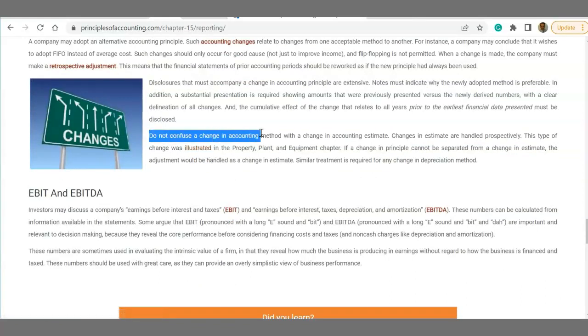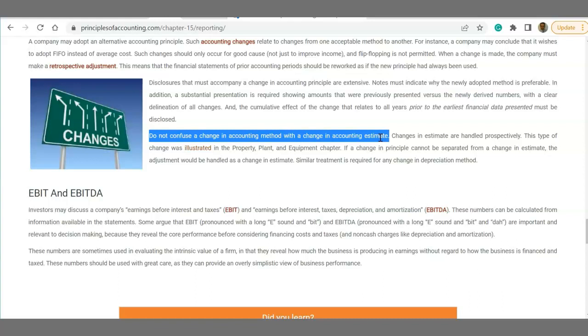This is important. Do not confuse a change in accounting method, which is you have to go retrospectively and adjust prior period, with a change in accounting estimate. But sometimes you have a change in accounting estimate. If it is a change in accounting estimate, then you don't need to go retrospectively back and rework your financial statements or anything.